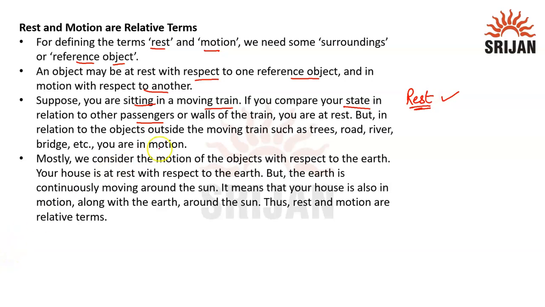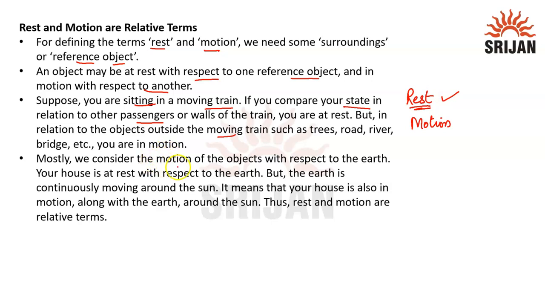And if I talk about your friend in reference to someone standing outside the train, he will be in motion. Or you can say that in relation to the objects that are outside the moving train, like trees, road, river, you people are in motion. So that is the difference. So we can say that rest and motion are relative terms.